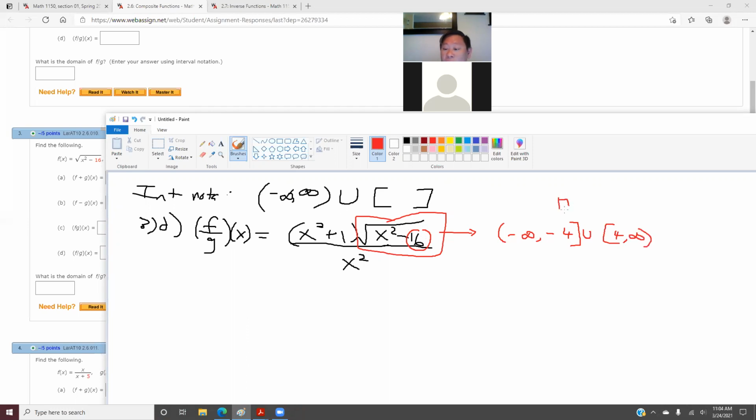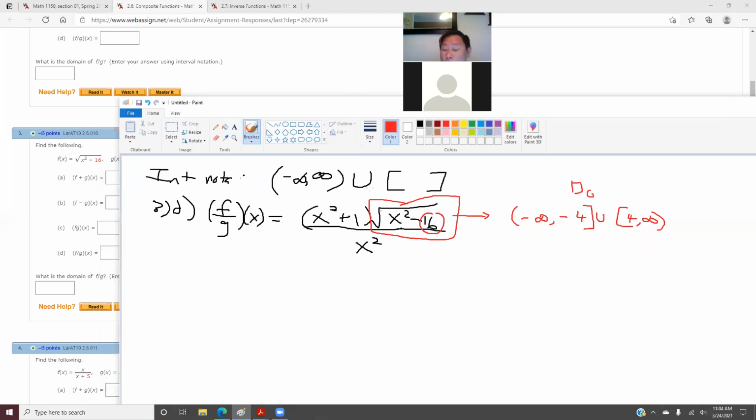So this is your domain. Every time you see a square root on an x squared minus the number 16, we use the perfect square, which is 4. The negative 4 is included, and 4 is too. This is how you do your domain for question 3D.